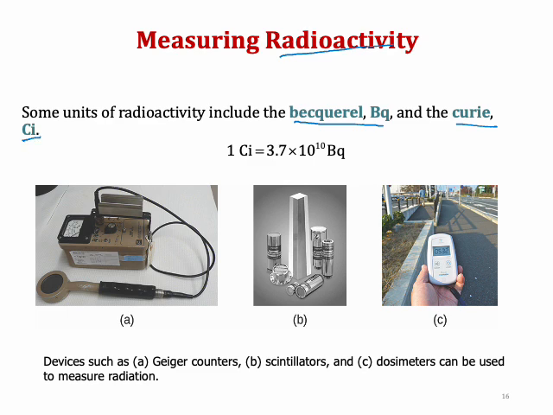There are other units that are also used as well, but these are the common ones. How do we measure radioactivity? To measure radioactivity, we usually use devices like Geiger counters, scintillators, dosimeters. Geiger counters are usually the more commonly used ones, that basically can detect the amount of radioactive substances around us.